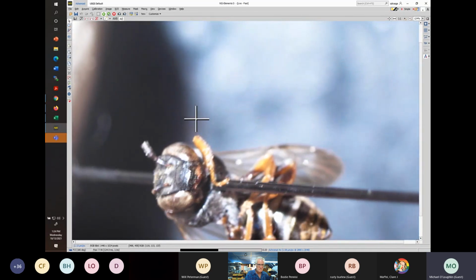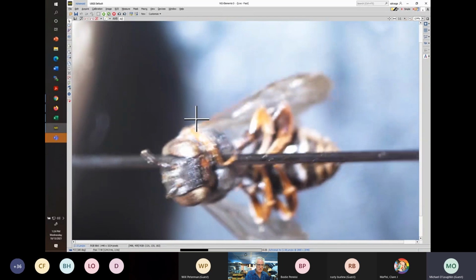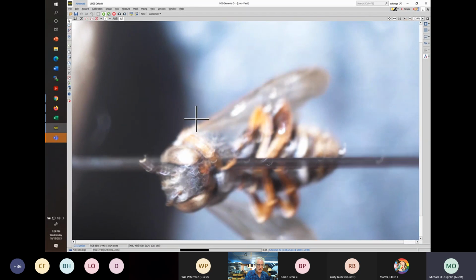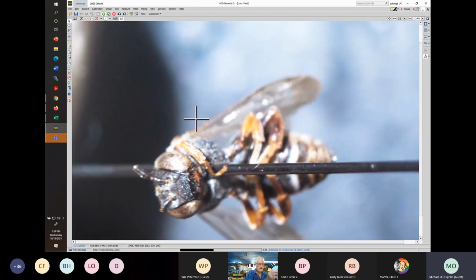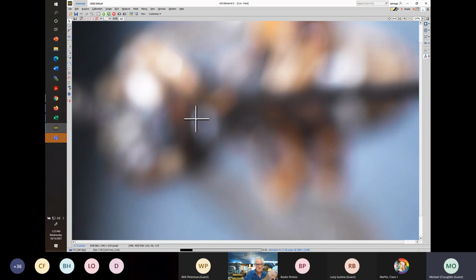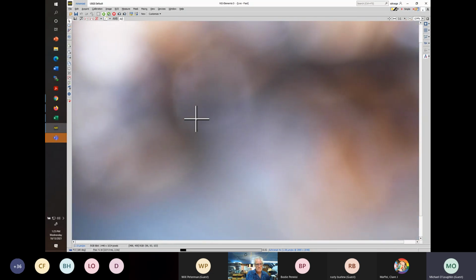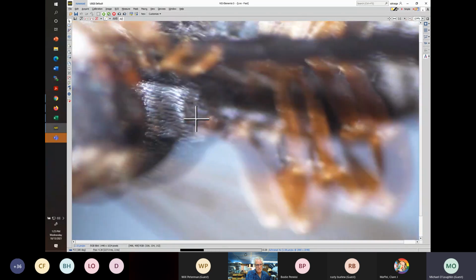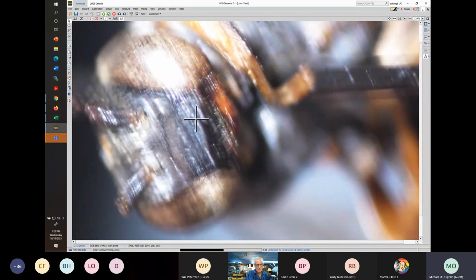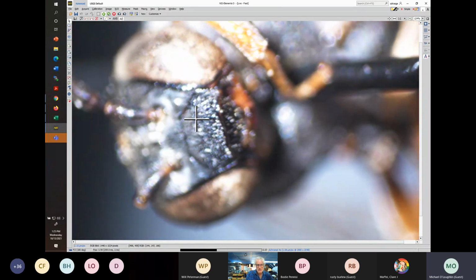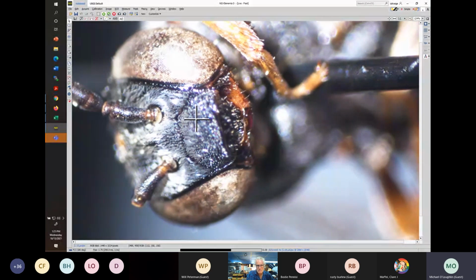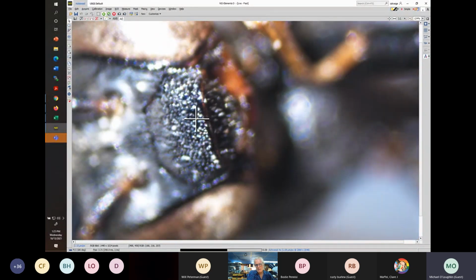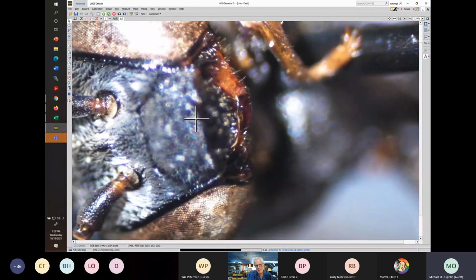So let me spin this a little bit so we get a different lighting angle and zoom in. Again, I don't want to claim that this tooth business is 100% all the time, but I'm going to say that if there is a tooth, you can probably take it to the bank that it's an Epeolus.